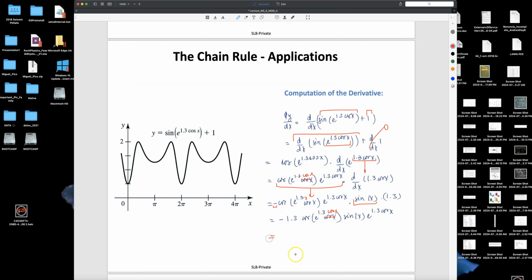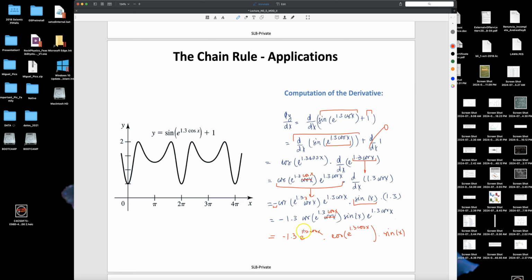multiplied by the exponential raised to 1.3 cosine x. So at the end, let me just put this a little bit more clear: 1.3, and actually I'm going to bring this exponential here, exponential of 1.3 cosine x, times cosine of the exponential of 1.3 cosine x, times sine x.